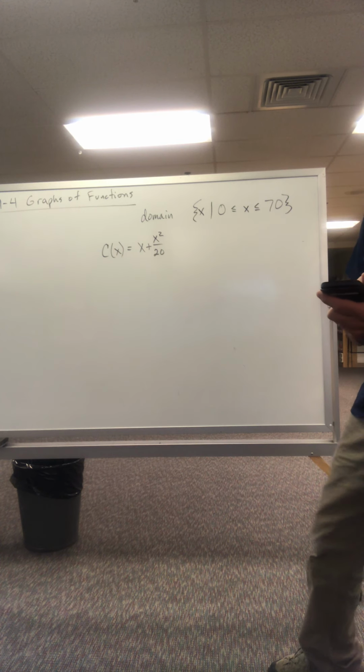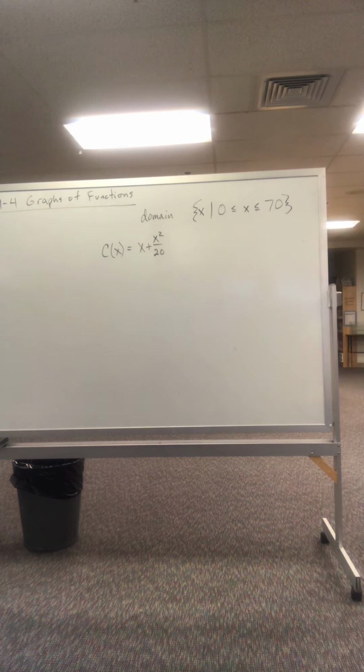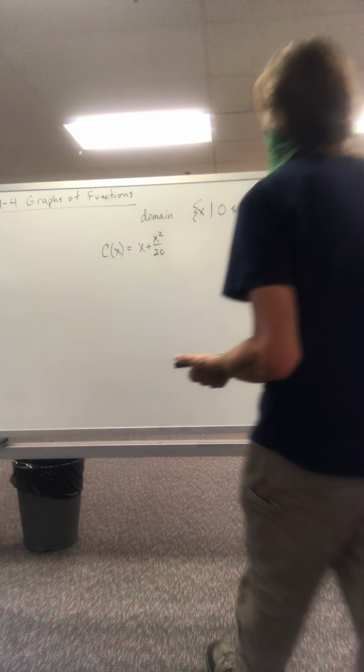What's that? Division. So you just type x plus x raised to the second power, and then you have to move over. And then you hit divided by 20. You have to put that in parentheses then, right? Yeah, you shouldn't have to put it in parentheses because the division will get done first.